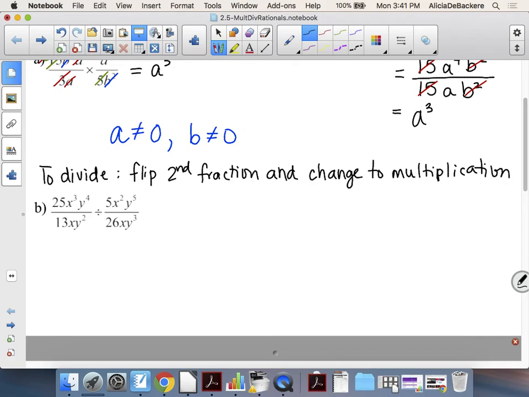Again, I have a few choices for the order that I want to do things here, but I'm going to start with that. So I'm going to leave the first fraction the same. And then I'm going to change it to multiplication and flip the second fraction over.